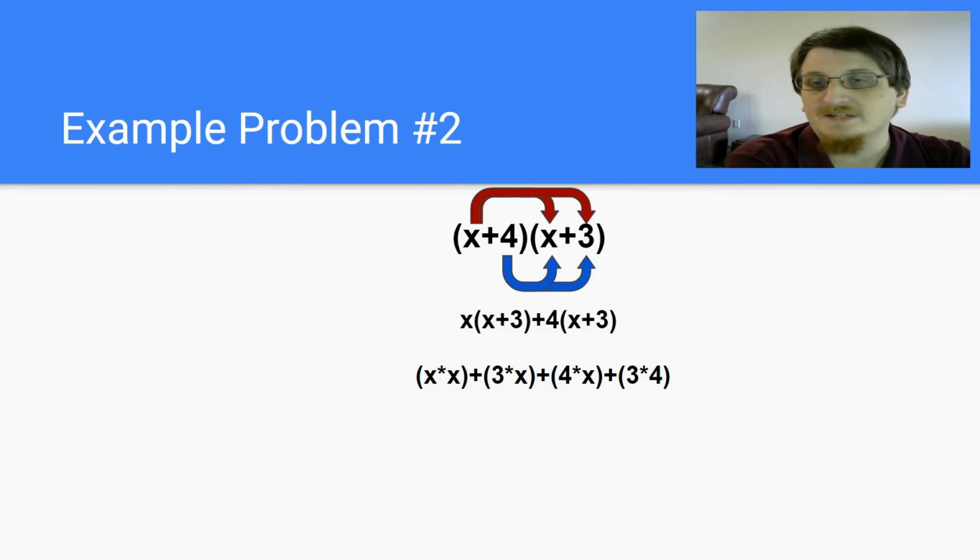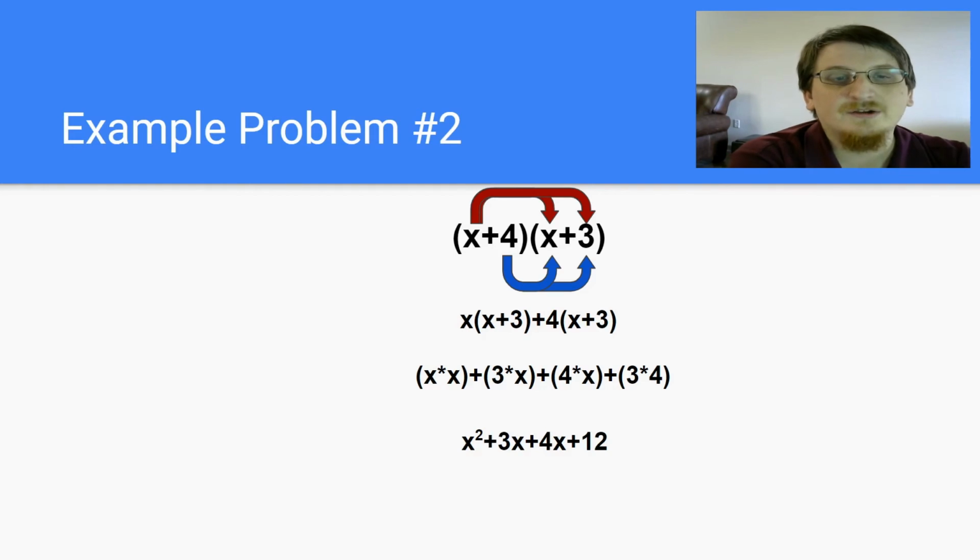So multiplying x times x gives us x squared. 3 times x gives us 3x. 4 and x is 4x. Then 3 times 4, of course, is 12. So when we get this, the next important question is, are there any like terms?